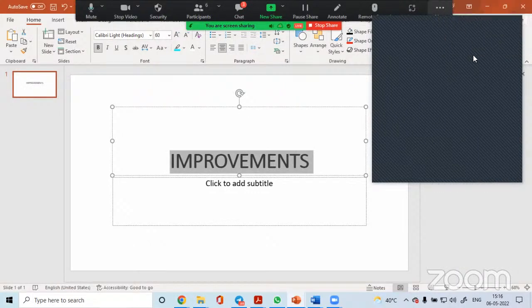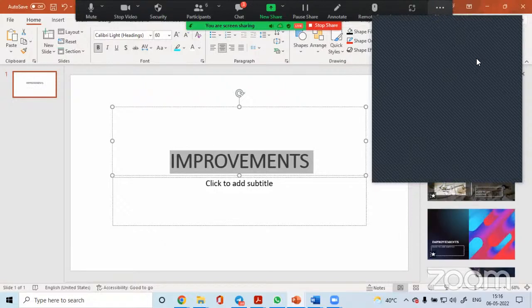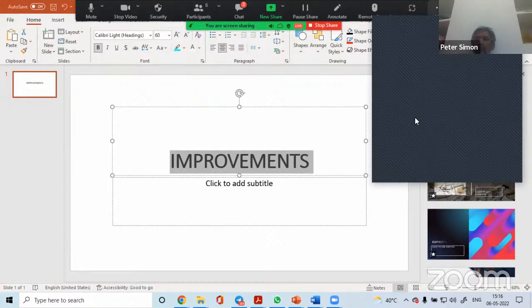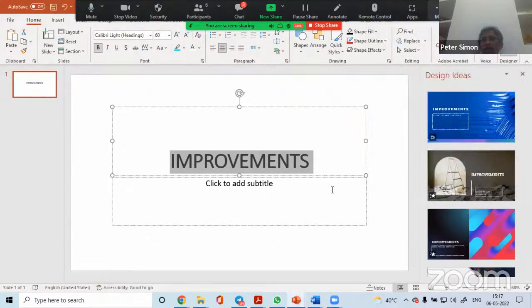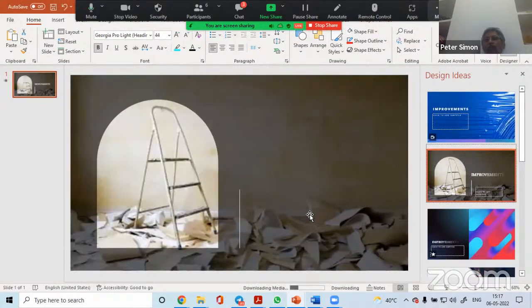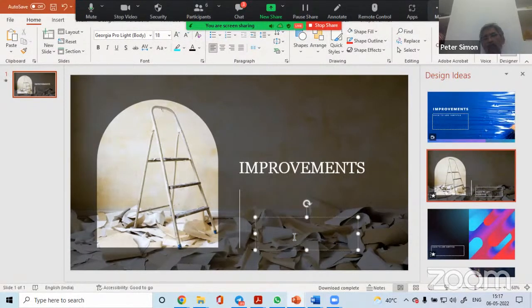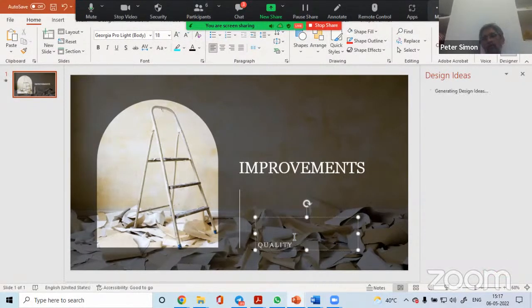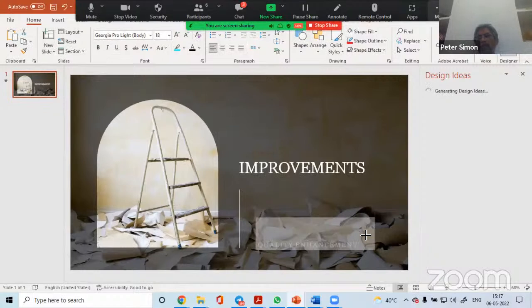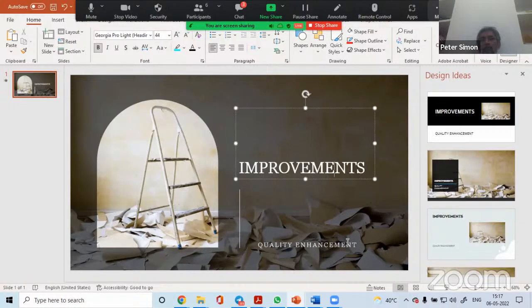Yeah, Neetu, fine. Next, Asha, are you able to follow? Okay, fine. So improvements: how are you going to improve? I'm giving you a ladder. Quality enhancement.